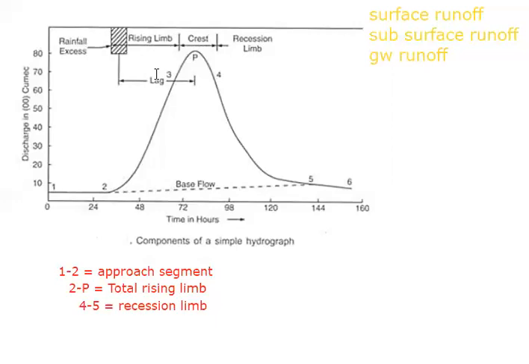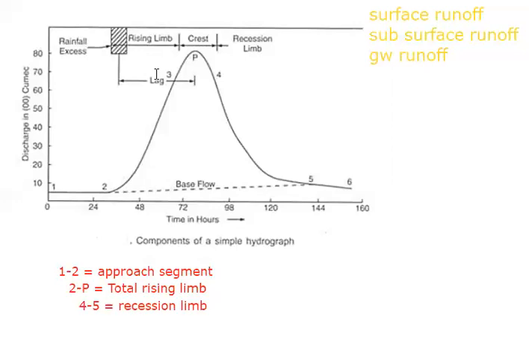The slope or steepness of the graph depends on the rise of discharge due to the increase of storage in the drainage channel, as well as over the watershed surface.